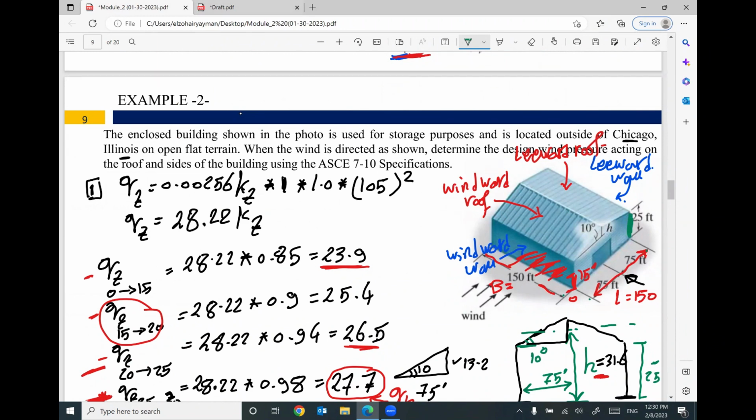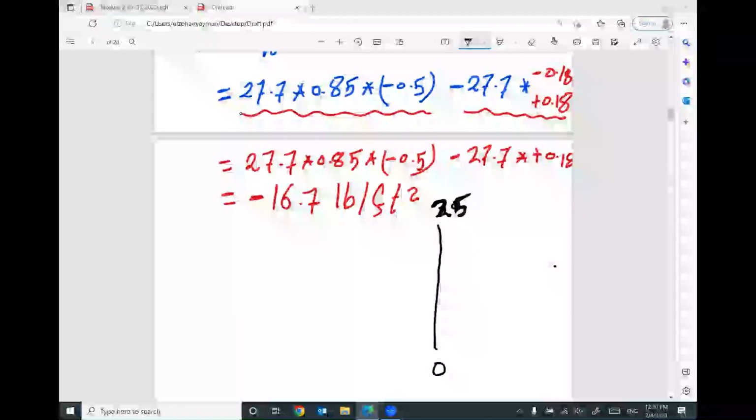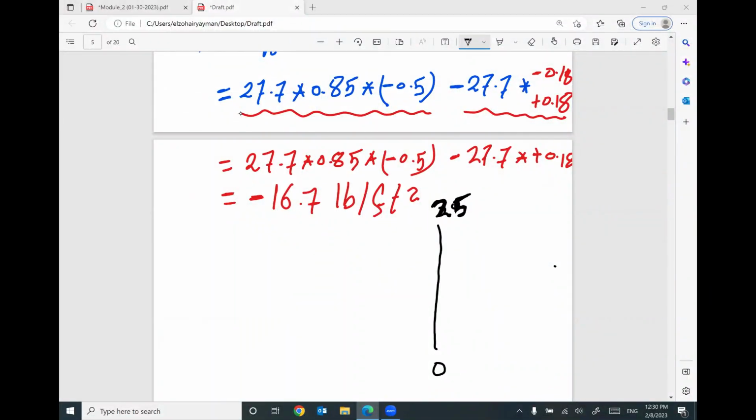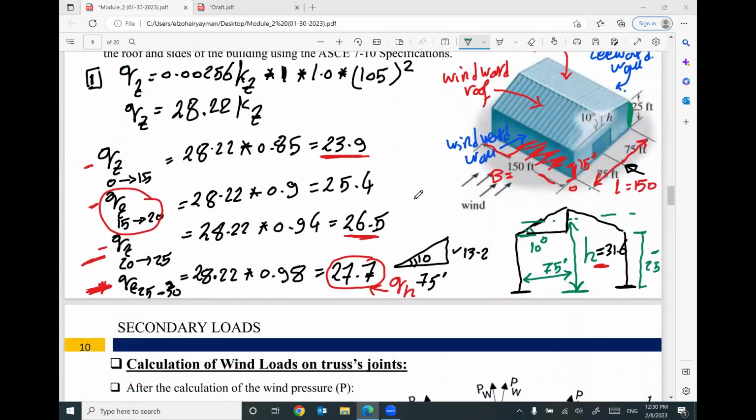That makes sense? Looks like we have a question. How did you choose 27? Alexander, QH is the value of QZ at the highest point of your building. At the beginning, I told you your H equals 31.6, which is very close to the level at 25 to 30.